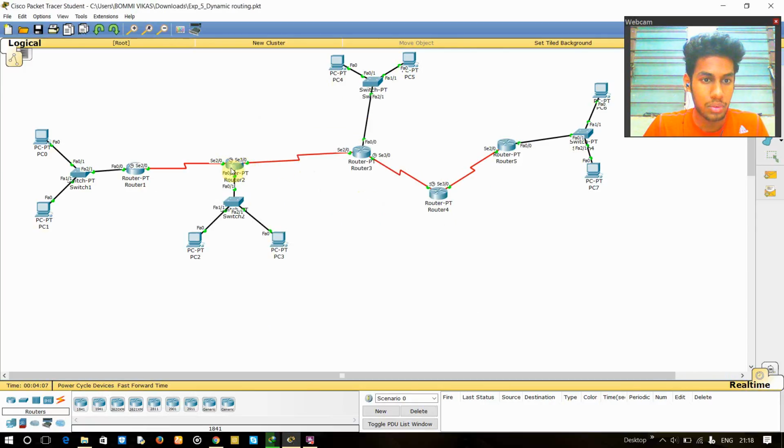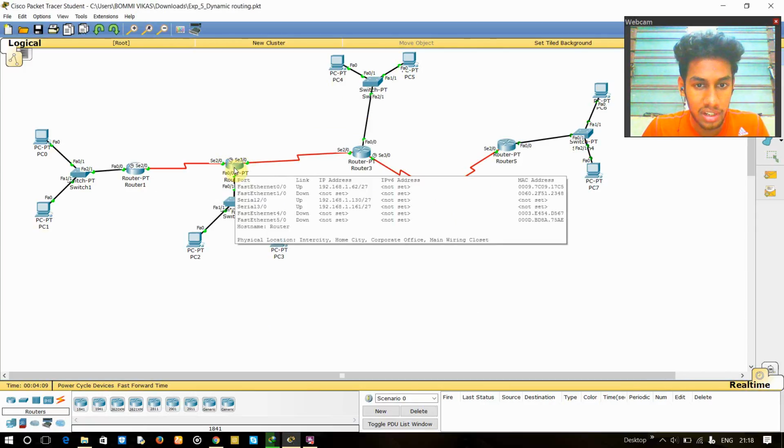Similarly for router 2, the networks connected are the 128 network, the 160 network, and the 32 network.